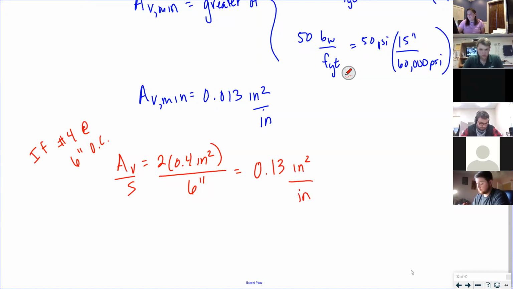What is that? Oh, I'm sorry, 2 times 0.2. Those are my two number 4s in a stirrup like that.